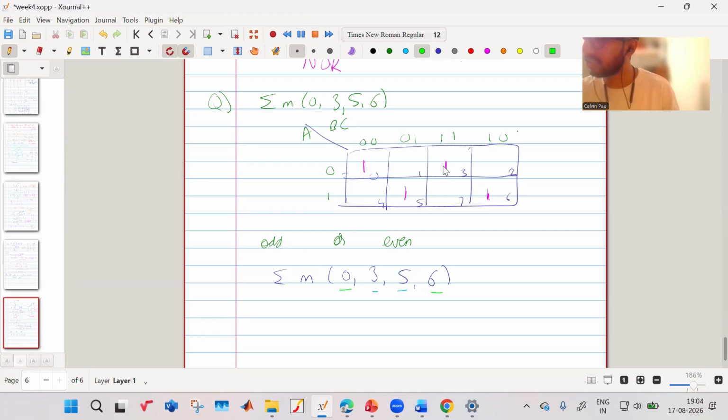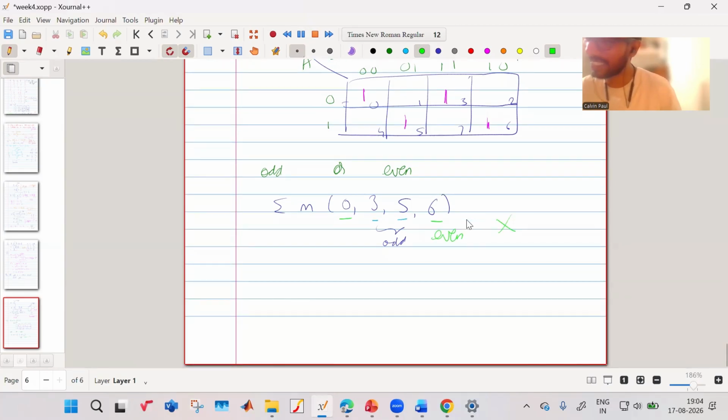This is not the case. It's an even function. I've confused you guys, so let me just tell you why exactly it is an even function.